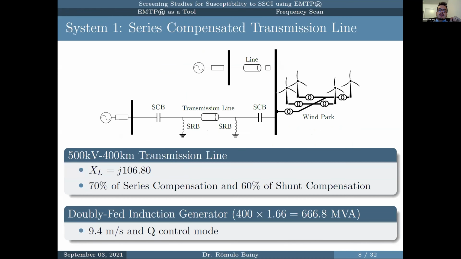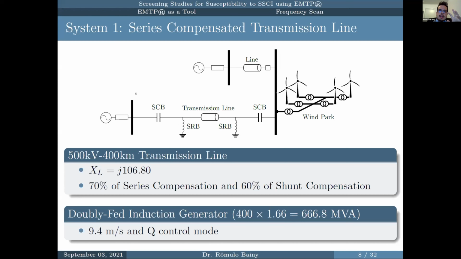The system that we used for this analysis is a series compensated transmission line. This is a 500 kV, 400 kilometer transmission line that has shunt reactors on both sides. The shunt compensation is set to 60%, and the series capacitor banks are set to 70%.